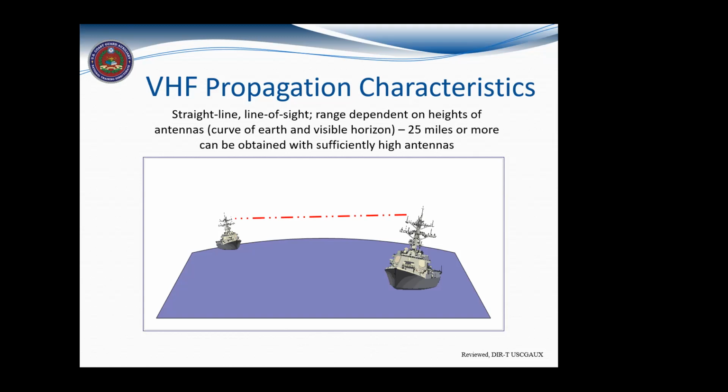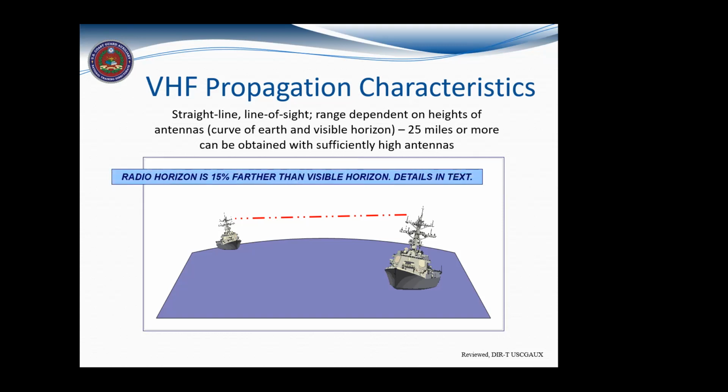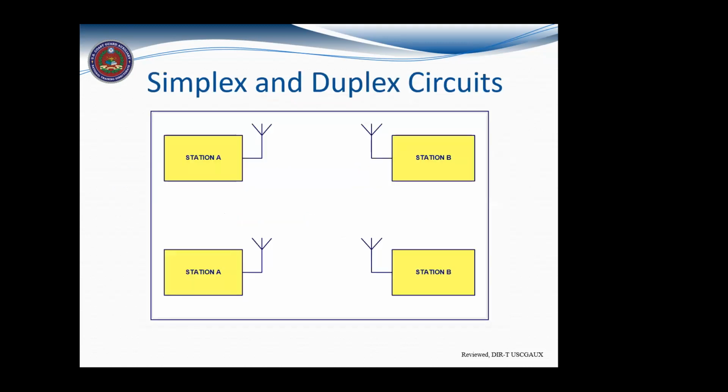Of course, not only your antenna, but the height of the antenna you're transmitting to will affect the range. So it says VHF waves, beam skyward, don't come back. "15% farther than the visible horizon" is what they will tell you in the text.